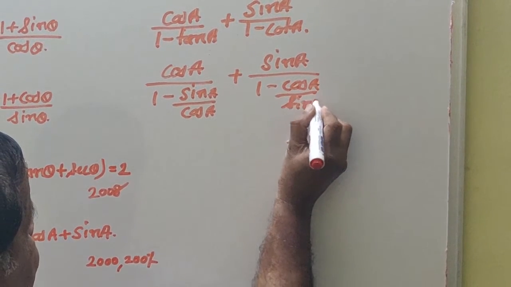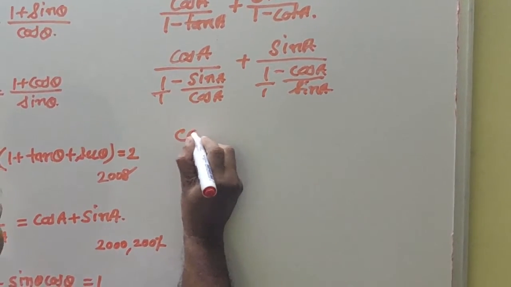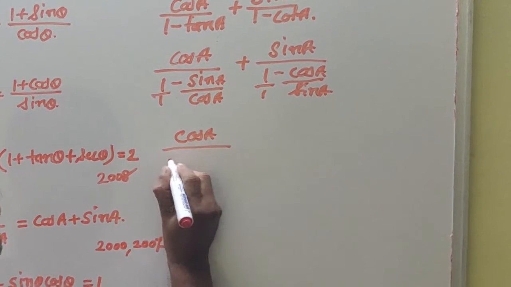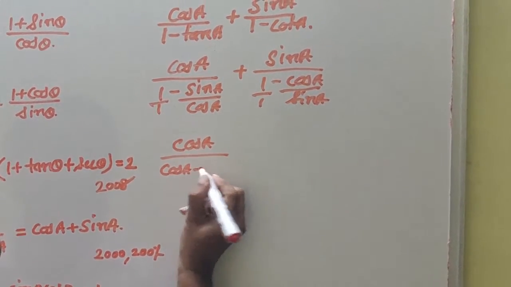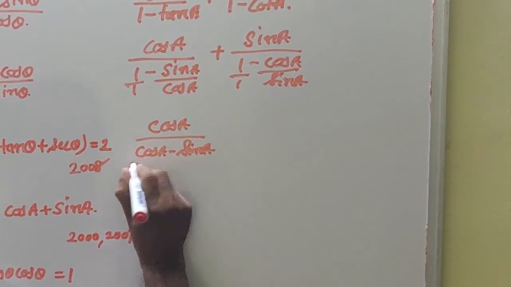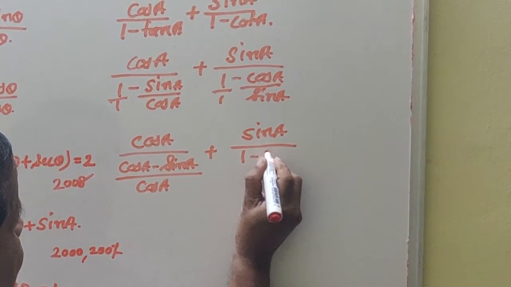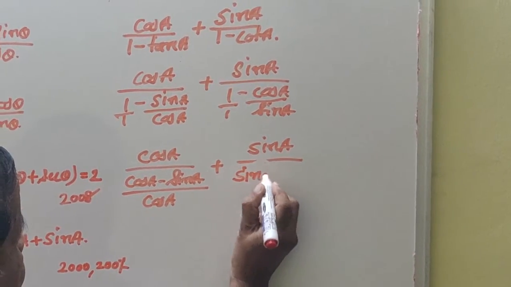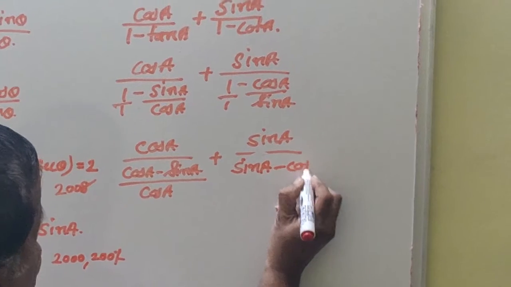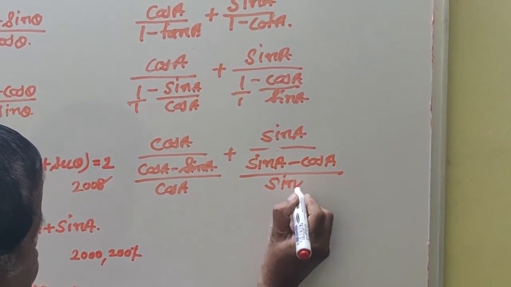Now I can take the LCM in the denominator. What will come here? Cos A upon cos A minus sin A, upon cos A, upon 1 minus sin A minus cos A upon sin A. What will come here?